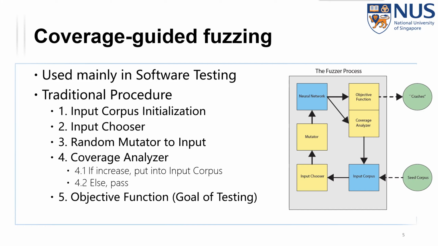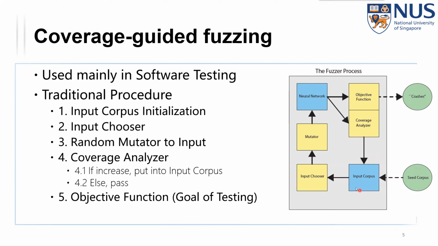This coverage-guided fuzzing is used mainly in software testing in modern software, to test software and find bugs. For the procedure, at first, it will have a seed corpus to initialize the input corpus.